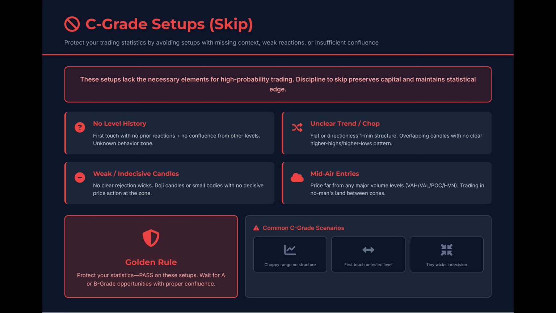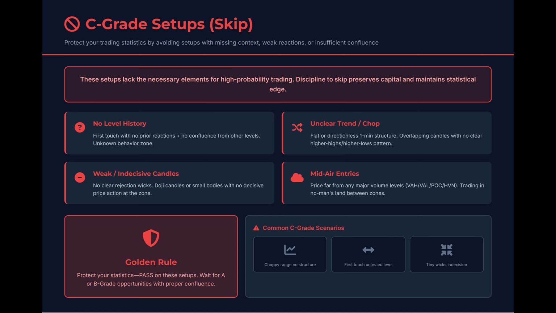Second deficiency: the 1-minute trend is choppy, sideways, or completely unclear. You're not seeing higher highs and higher lows for a bullish bias, nor lower highs and lower lows for a bearish bias. Instead, you're watching price whipsaw back and forth, making overlapping swings with no clear directional momentum. This is market indecision at its finest, and it's the exact environment where forced trades die painful deaths.